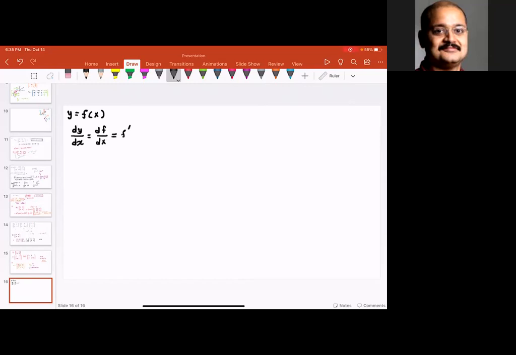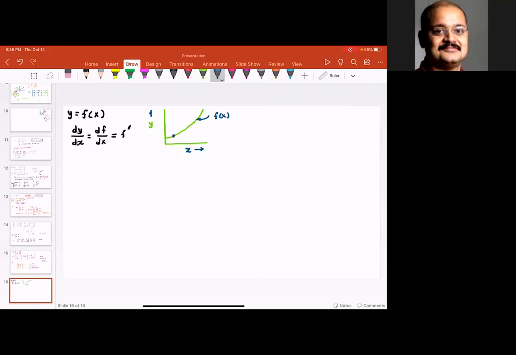Everyone understood this? Now, if I write the equation y is equal to f of x, with y over here and x over here, this function is f of x.